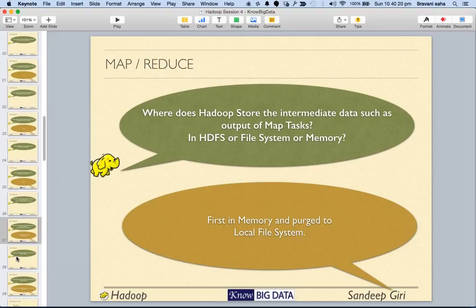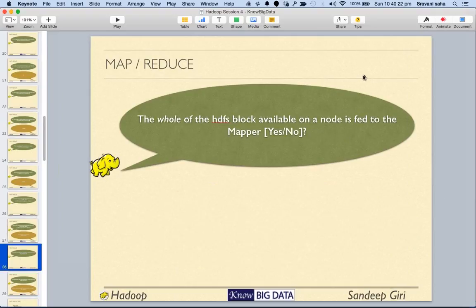Good. Now, next question is a little difficult question. The whole of the HDFS block available on a node is fed to the mapper. Meaning, if there are 128 MB available, will the full 128 MB be given to your mapper task, or only part of it?